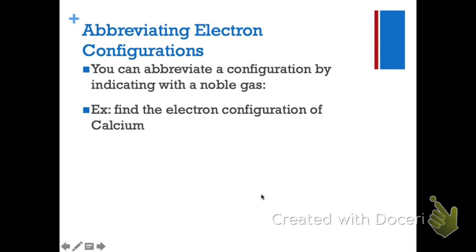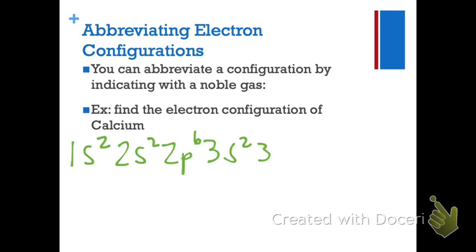So calcium, our electron configuration would be, someone want to read theirs for me? Felicity, go. What you got? Okay, good. But I need the full thing. Yeah, Kevin, go. 4s2.